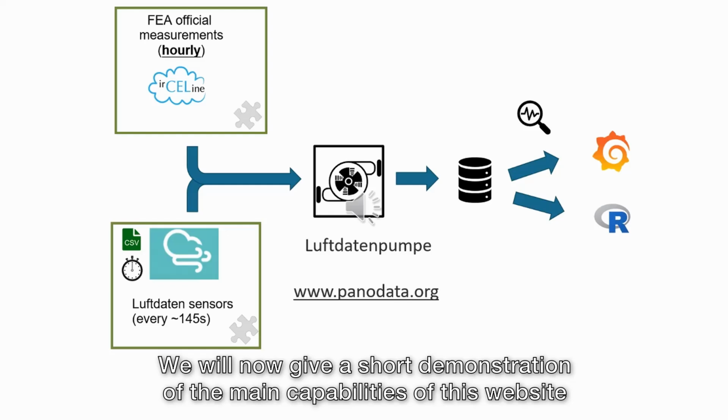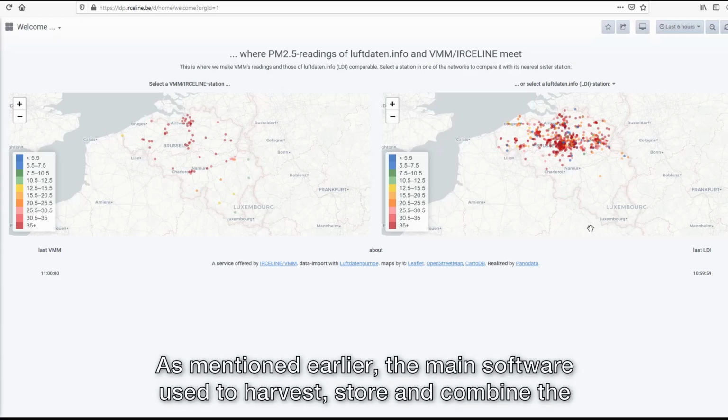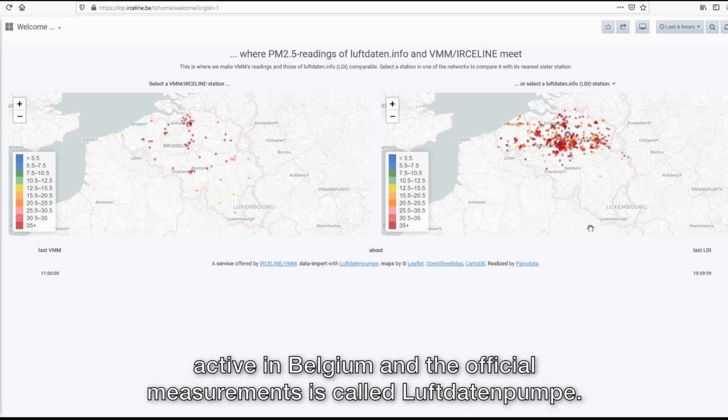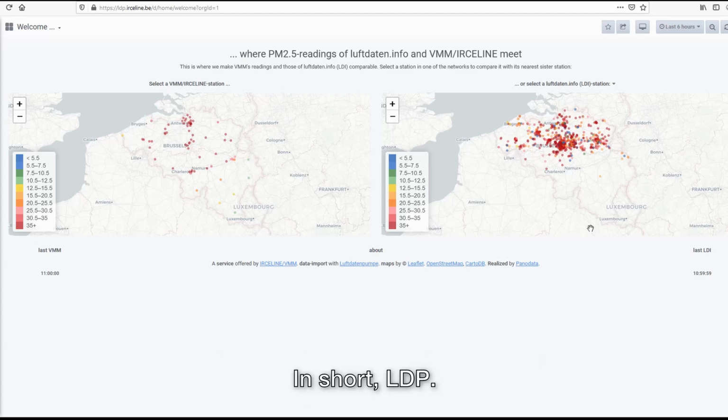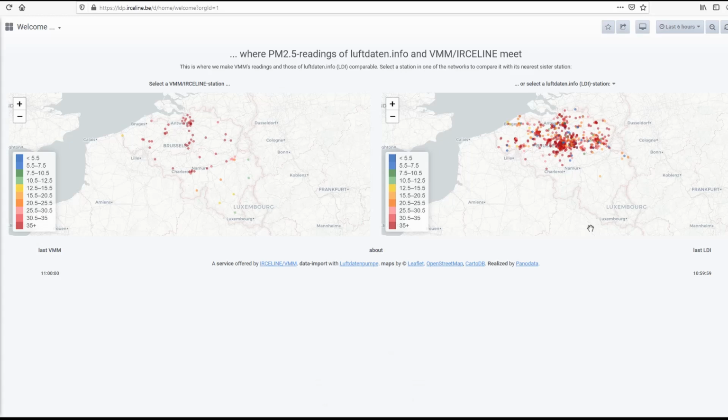We will now give a short demonstration of the main capabilities of this website and tool for exploring and analyzing the sensor measurements. As mentioned earlier, the main software used to harvest, store and combine the measurement data for all the particulate matter Luftdaten sensors active in Belgium and the official measurements is called Luftdatenpumpe, in short LDP, hence the name of the URL of this website.